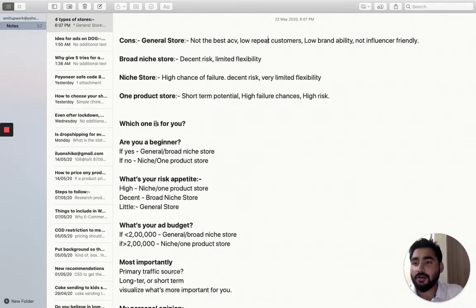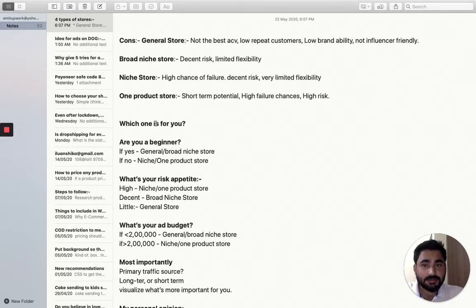You cannot even think of branding different products under one brand, because you are selling different collections, like footwear, apparel, fashion products, makeup products, kitchen, office. It's very difficult to brand your products, and very hard to find influencers, because you are dealing in various things, and influencers are concentrated on a particular niche.